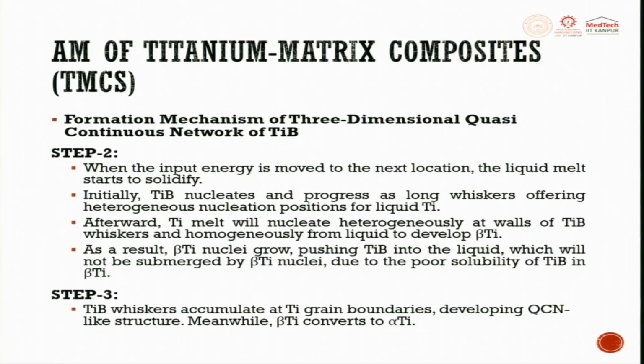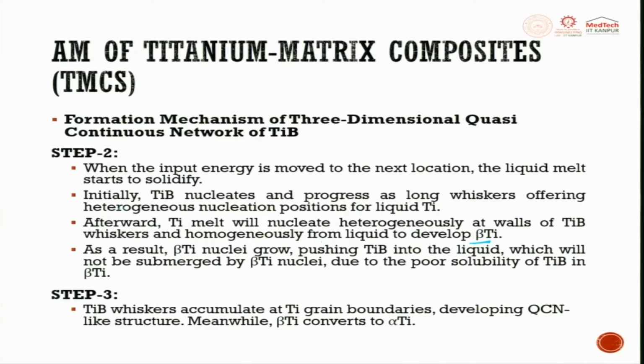Step 2 will be when the input energy is moved to the next location, the liquid melt starts to solidify. Initially, TiB nucleates and progresses as long whiskers offering heterogeneous nucleation positions for liquid Ti. Afterwards, Ti melt will nucleate heterogeneously at walls of TiB whisker and homogeneously from liquid to develop beta Ti.